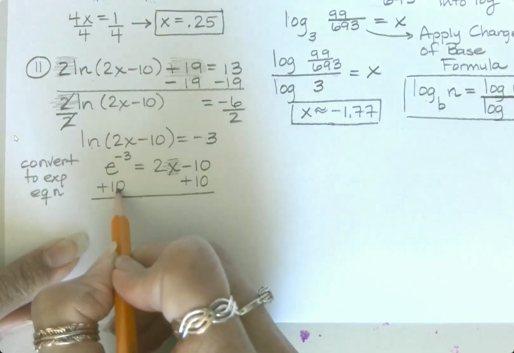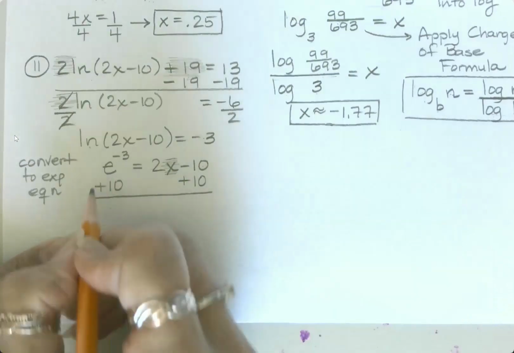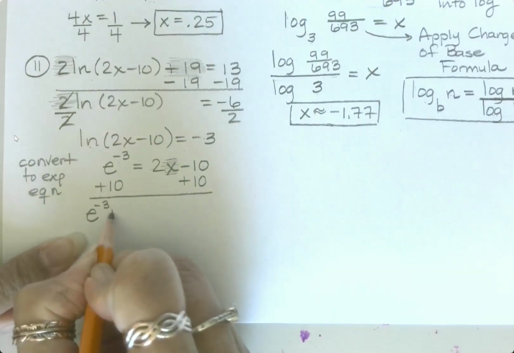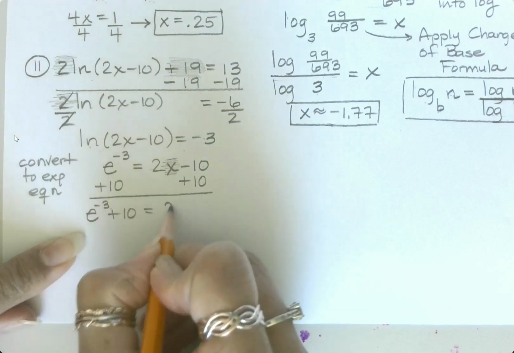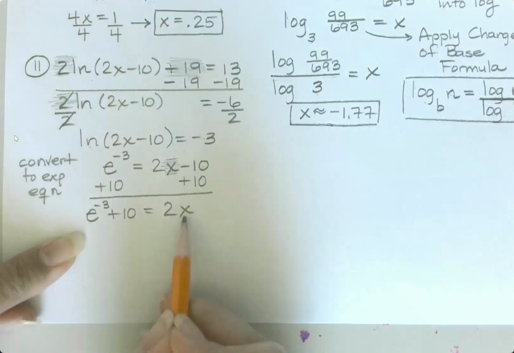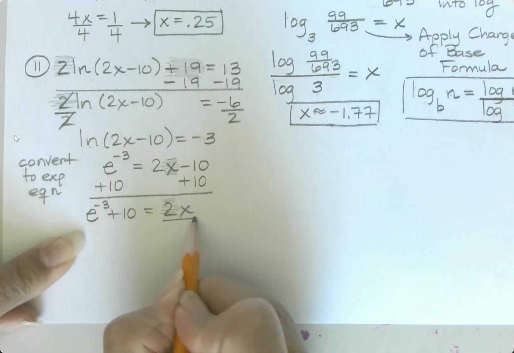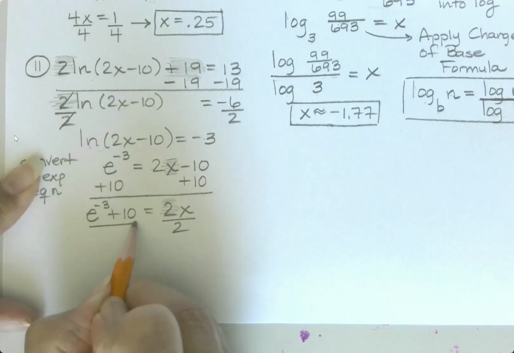These two are not like terms. They want exact answers. So I'm just going to write e to the negative 3 plus 10 equals 2 times x. I need to solve for x. I need to get rid of this 2. So I'm going to divide both sides by 2.